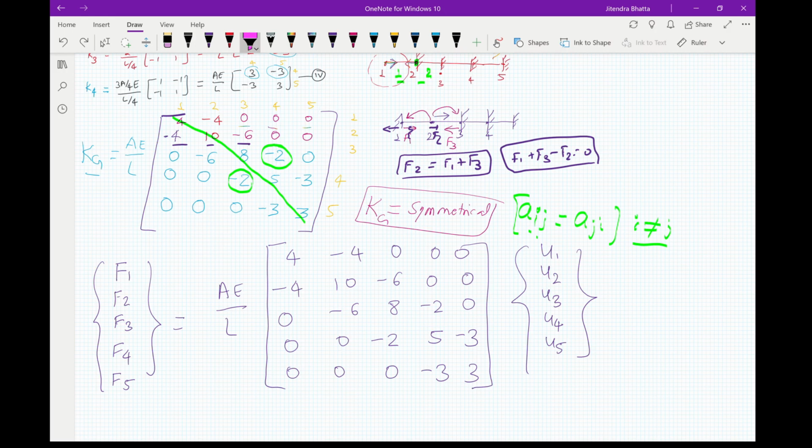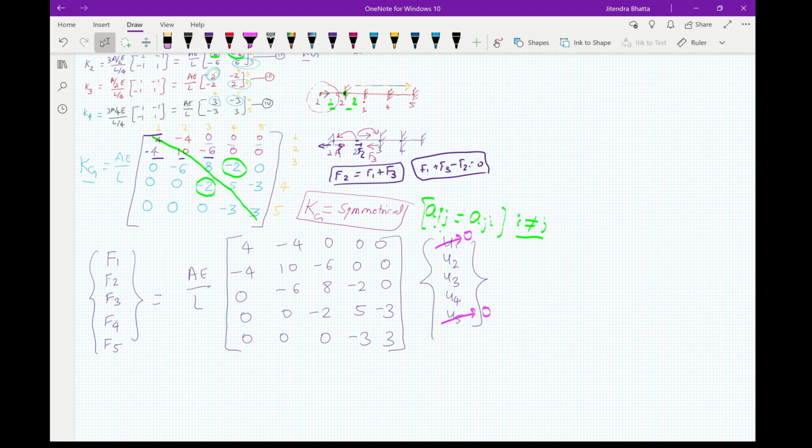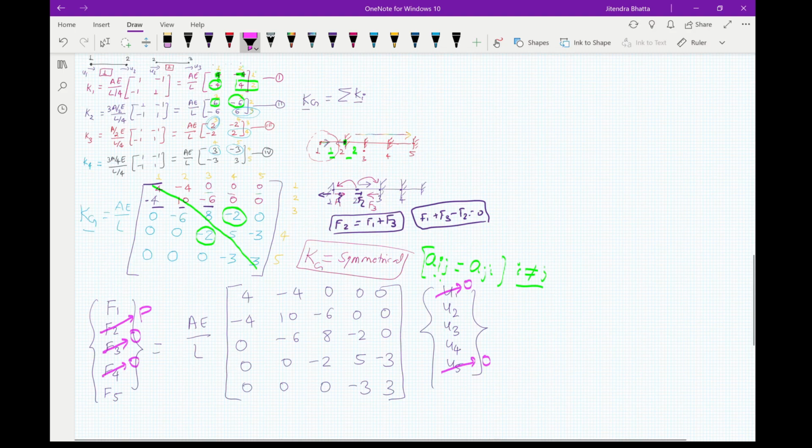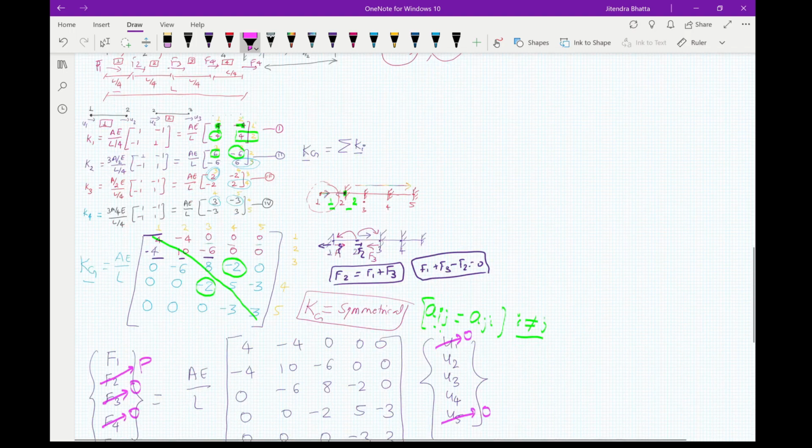Therefore your U1 will be equal to 0 and U5 will be equal to 0. Now this is your boundary condition. Now if you look at the forces, as there are no forces applied, F3 will be 0, F4 will be 0, and F2 will be equal to P, because we are applying a load P at node 2.